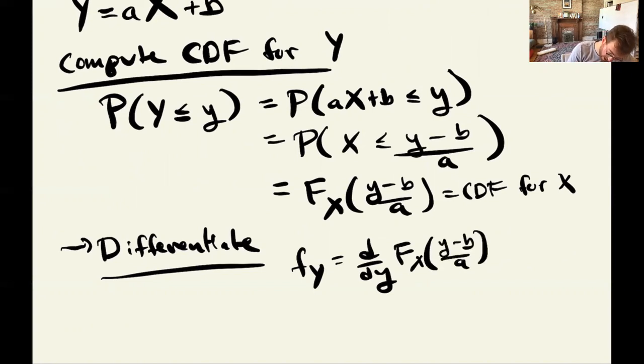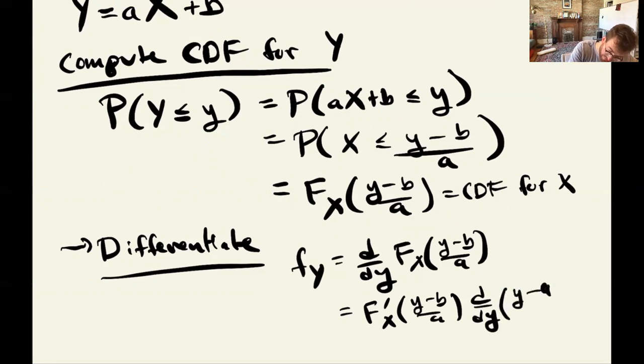And so again, by the chain rule, I just take the derivative of the outside. So maybe to use notation that's slightly more familiar, f of x, evaluated at y minus b over a. But then I need to take d dy of whatever's inside. And so the constant's not going to matter, but that y times a actually does matter.